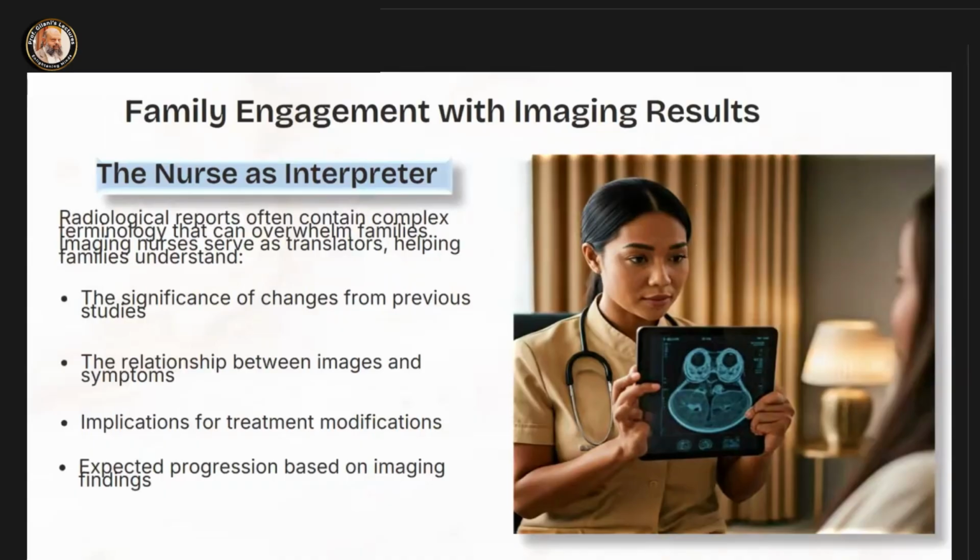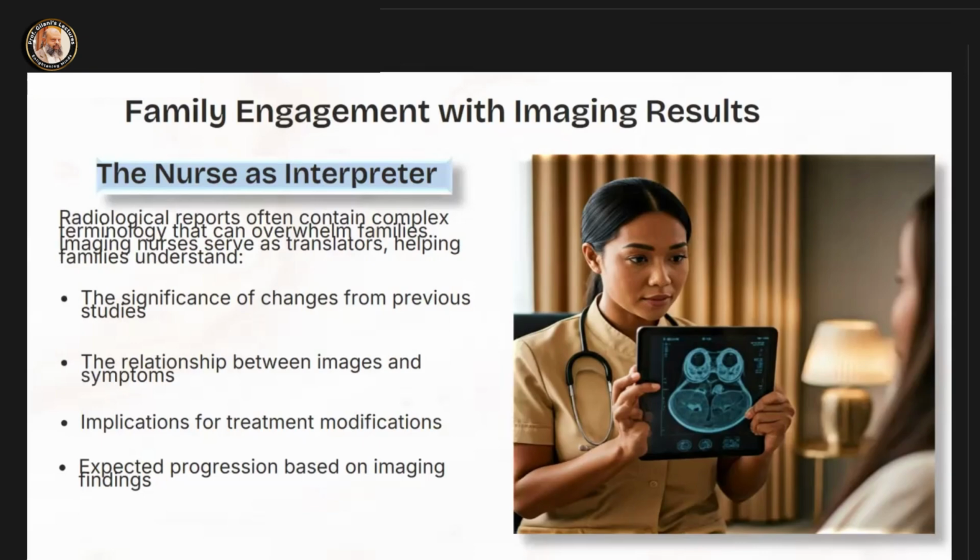There is family engagement with imaging results. So, the nurse acts as an interpreter. Radiological reports often contain complex terminology that can overwhelm families. Imaging nurses serve as translators, helping families understand the significance of change from previous studies, the relationship between images and symptoms, implications for treatment modifications, and expected progression based on imaging findings.